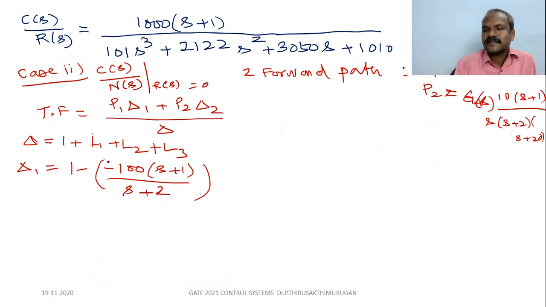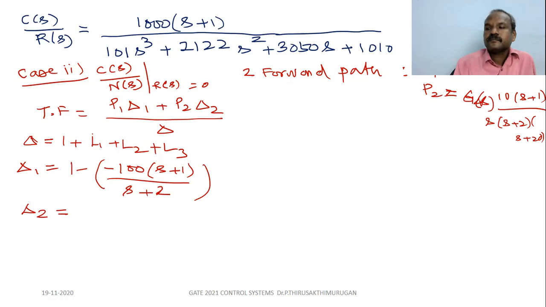M1 is 1. This is delta 1. So what is delta 2? The second forward path is G of S, this one into this.